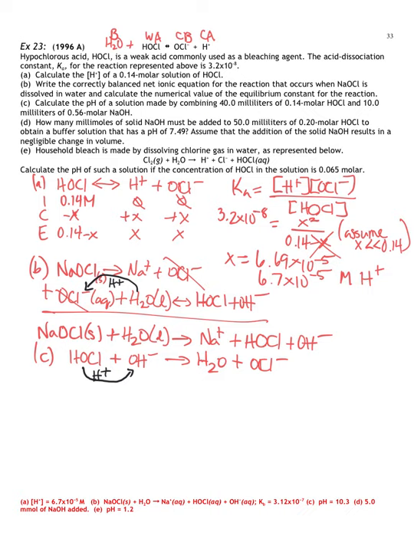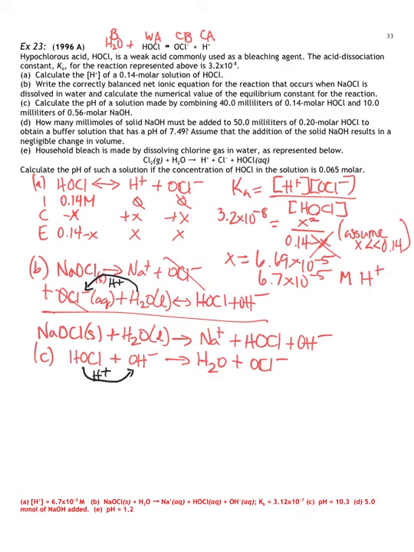Now with that, I want to react my acid and my base. I have to figure out how much I have of each, and I'm going to keep my amounts in millimoles when I do my math. So I'm going to take these two and multiply them, and that will give me millimoles. And then I'm also going to take my 10 milliliters and multiply by the concentration of the sodium hydroxide, and that will give me millimoles.